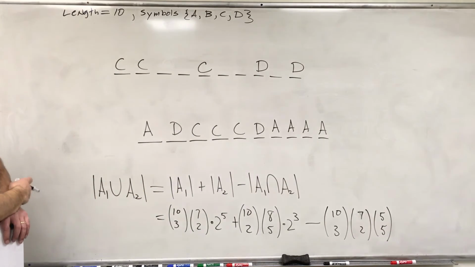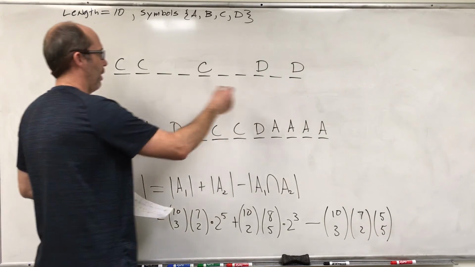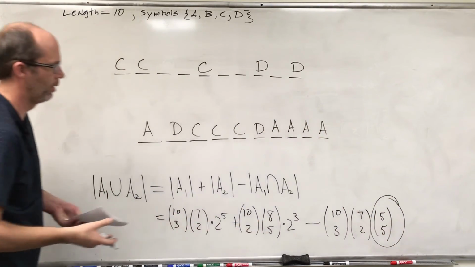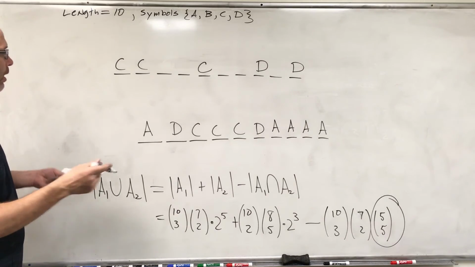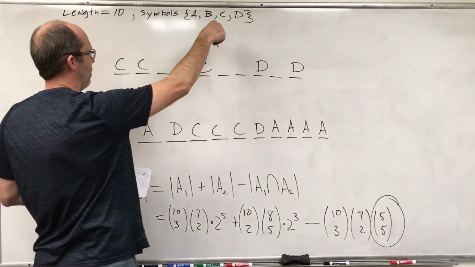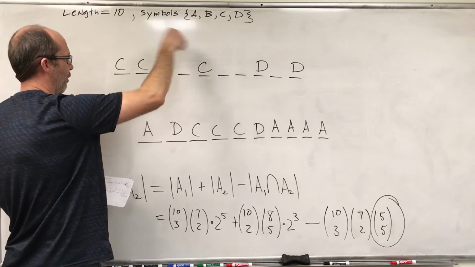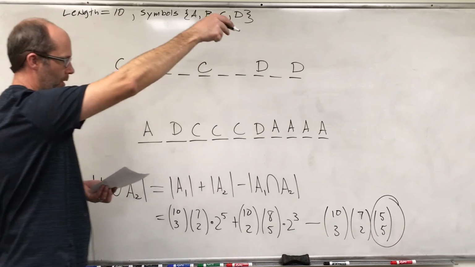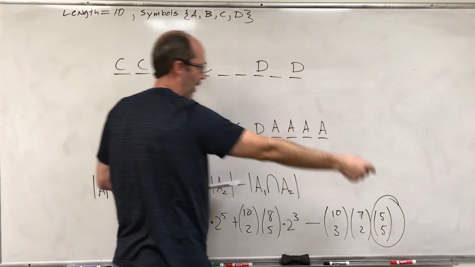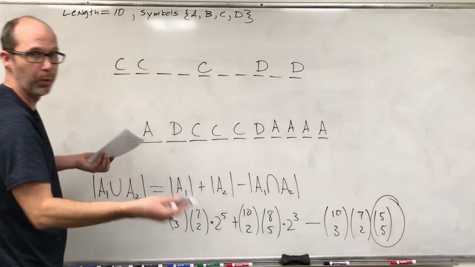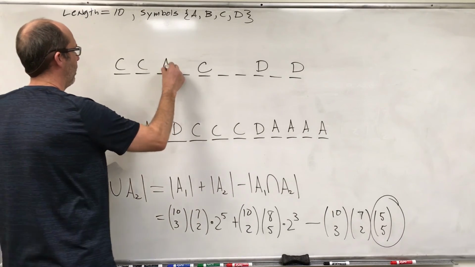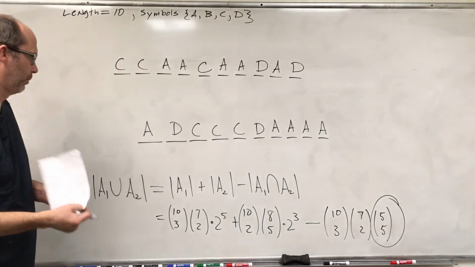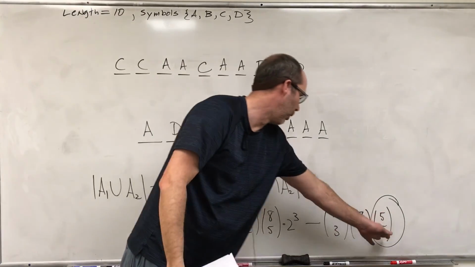So why this 5 choose 5 here at the end? What that's counting is that once you choose the three positions out of 10 for the C's, and then 2 positions out of the remaining 7 positions for the D's, there's only one way to go about choosing the 5 remaining A's. That's why 5 choose 5 is 1 there.